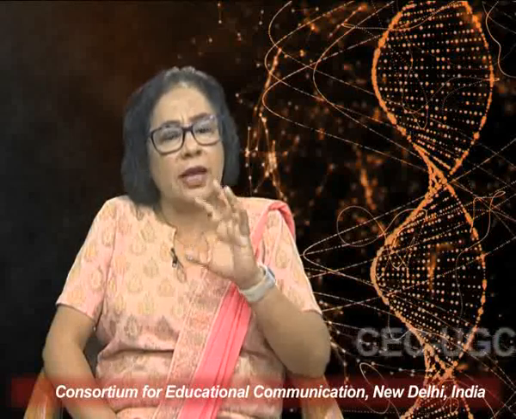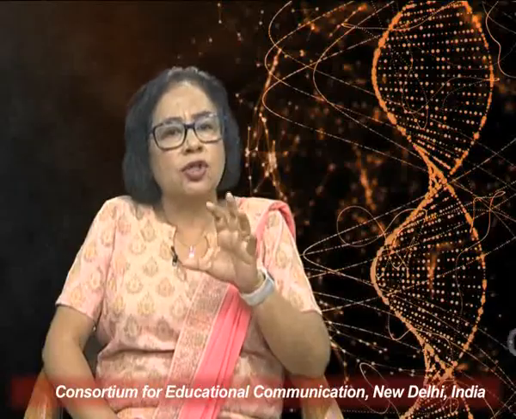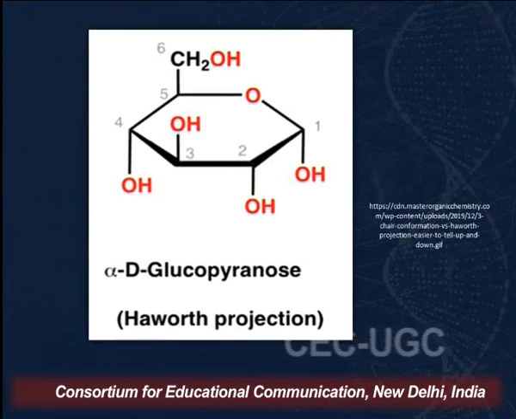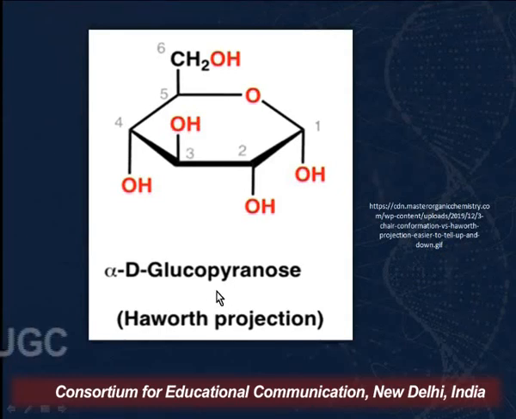Here again I have magnified the structure and shown you the cyclic structure for glucose, that is the Haworth projection, and this is known as alpha D glucopyranose. Why alpha D glucopyranose?